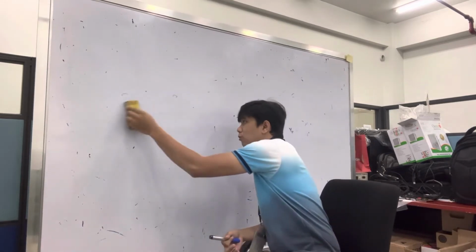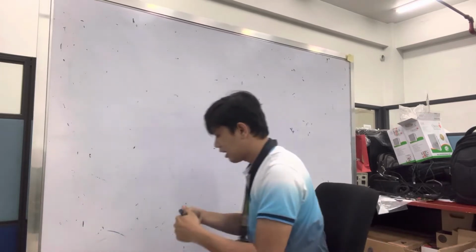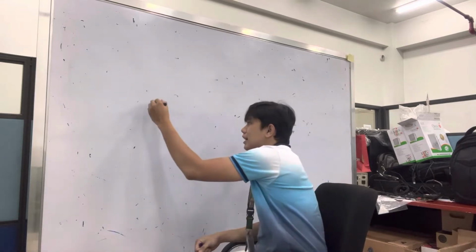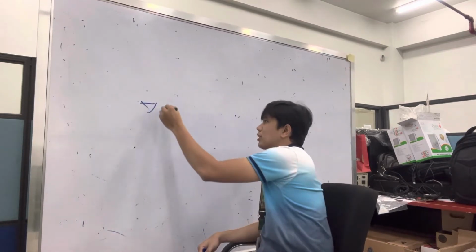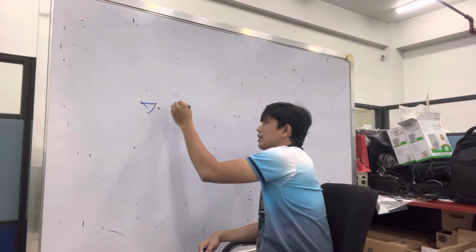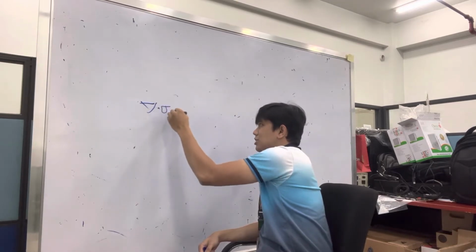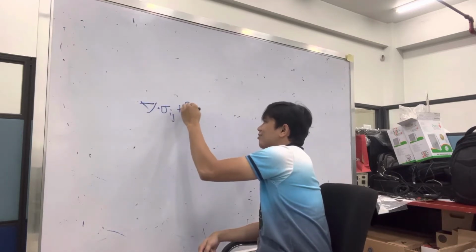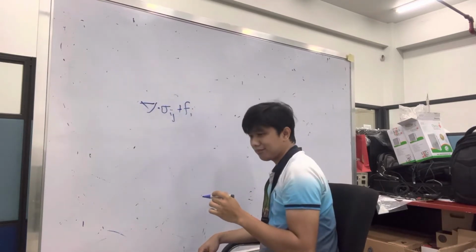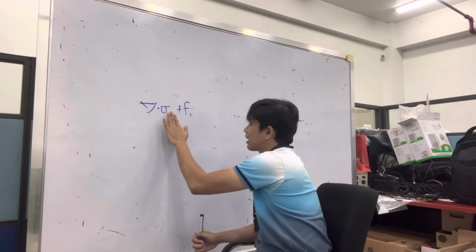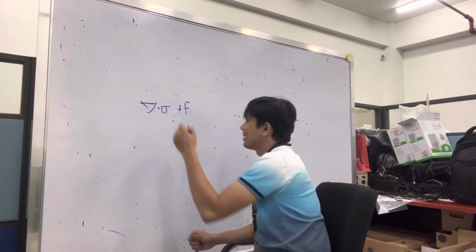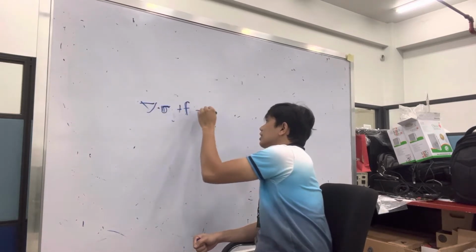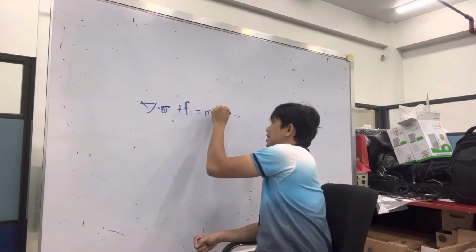The sum of all forces can be expressed in terms of continuum mechanics by the del operator dot the Cauchy stress tensor, plus the other external force that you can apply. This is a tensor, so it needs to be highlighted in bold, equal to mass times acceleration.